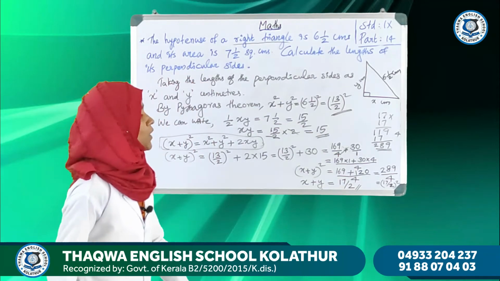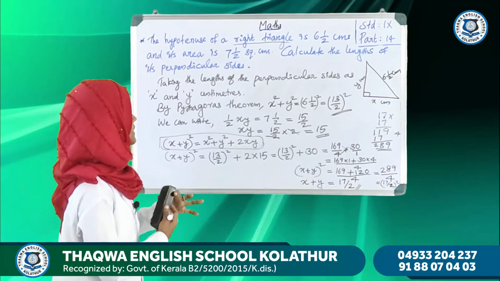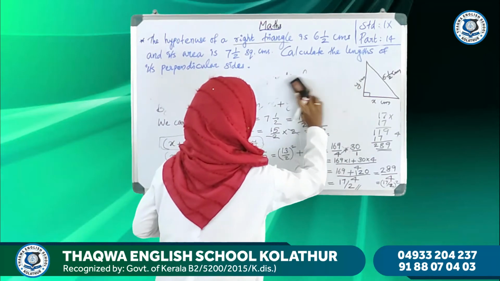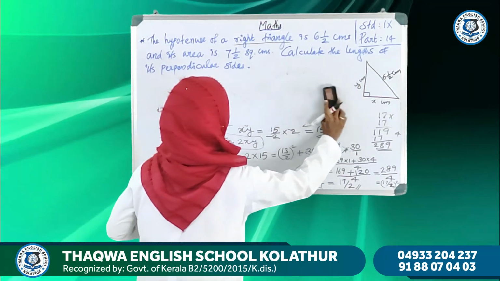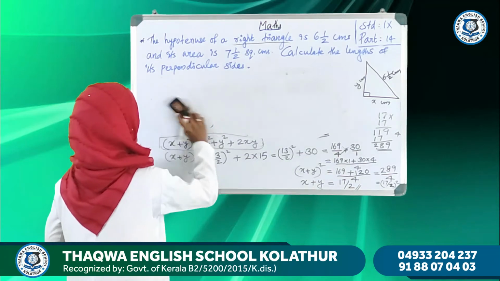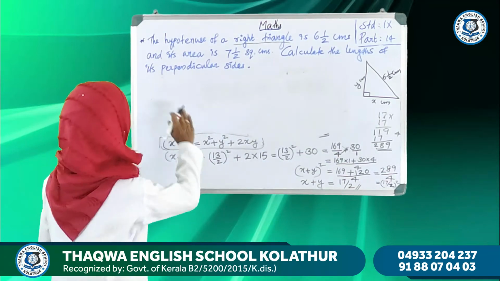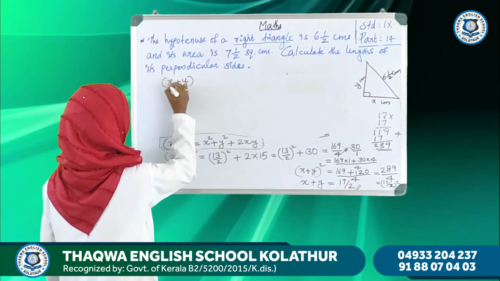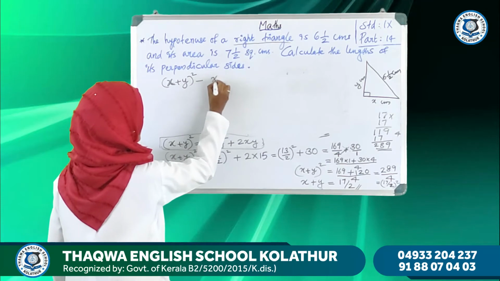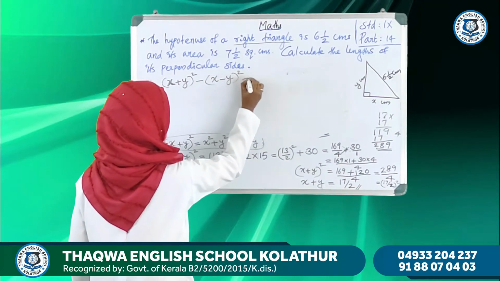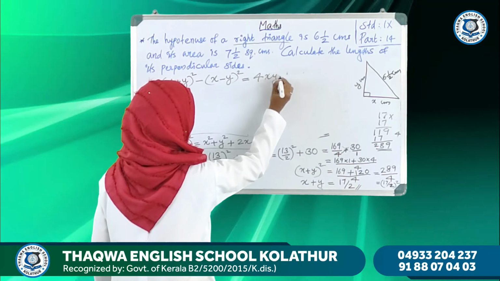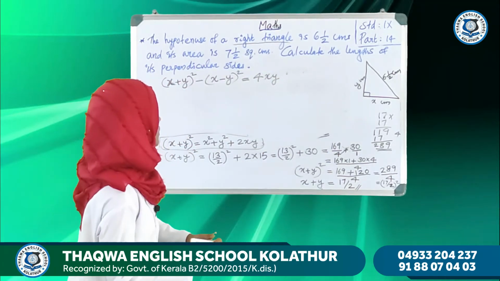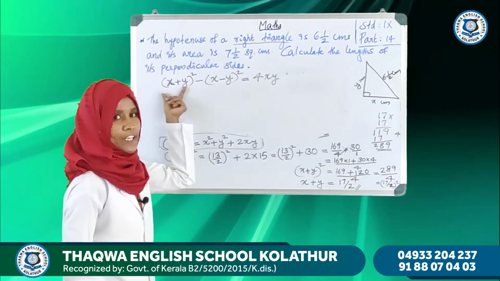Now as in the last question, we can use the identity x plus y whole square minus x minus y whole square equals 4 into xy. Here, what is the value of x plus y?